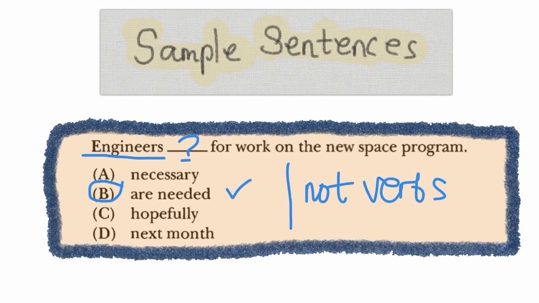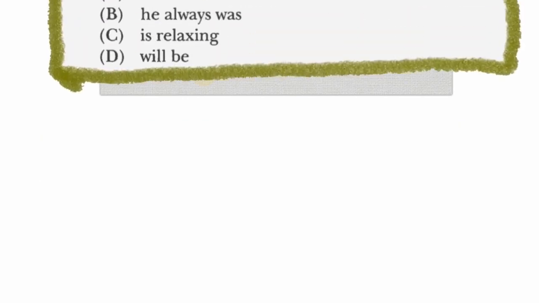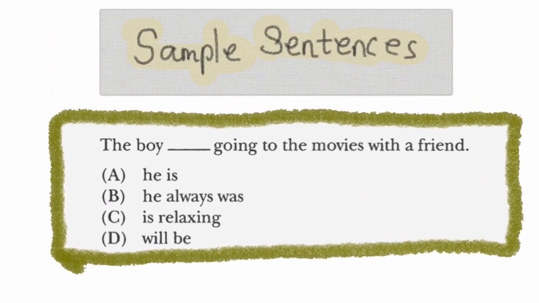Now let us see the last example. This sentence has a subject, boy, and has part of a verb, going. To be correct, some form of the verb be is needed to make the sentence complete.